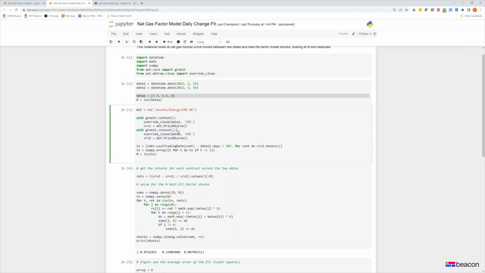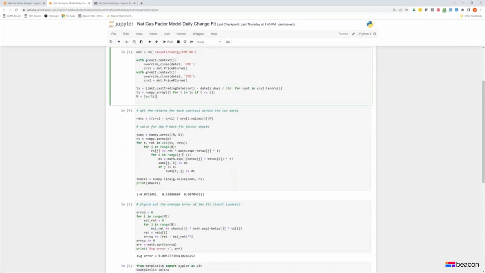Instead of going to the time series directly, I'm using a higher level financial object interface that lets me switch my entire market environment so that it looks like the close on date 1, then ask this well-defined object that represents market data for NYMEX nat gas for its forward curve, and do that for the second, and then calculate the returns.